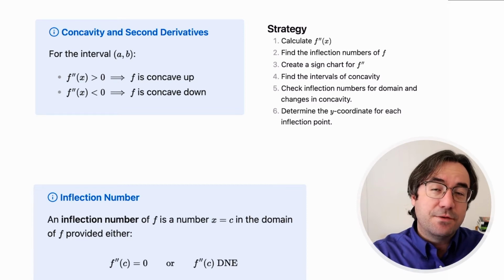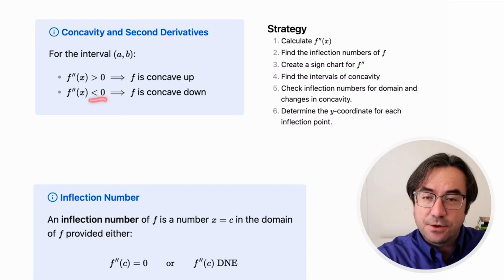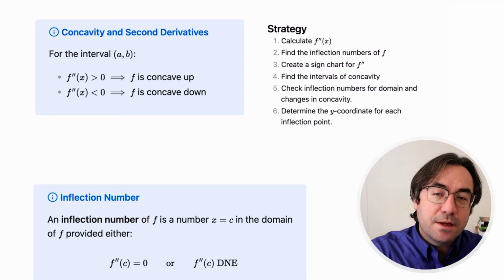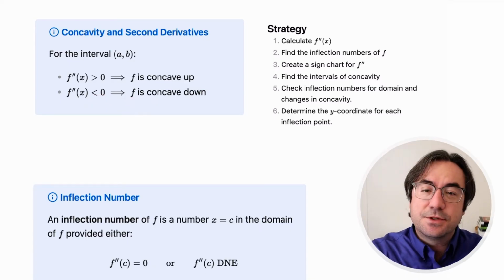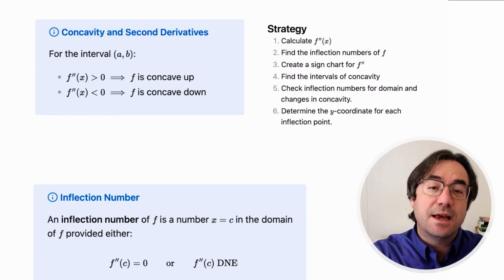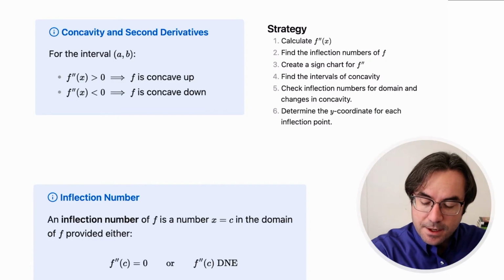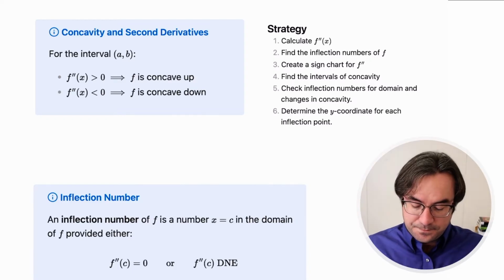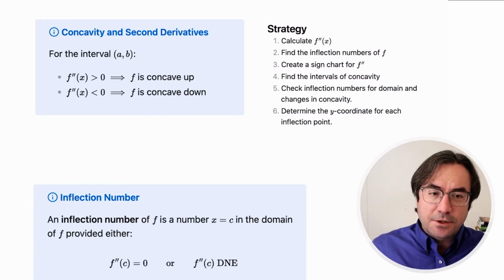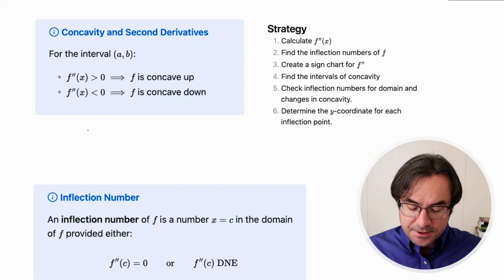Now, if our second derivative is less than 0, so if it's negative, well, then we can conclude the opposite. The original function f is concave down. So it has this kind of shape. So our strategy here is we're going to be looking for where f double prime is positive.